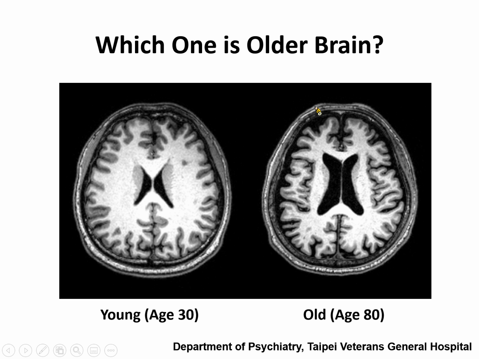So in older people, you typically see brain atrophy. Brain atrophy also results in increased cerebrospinal fluid volumes, such as the ventricle volumes, and the surrounding CSF volume is also increased. That is the hallmark of aging.